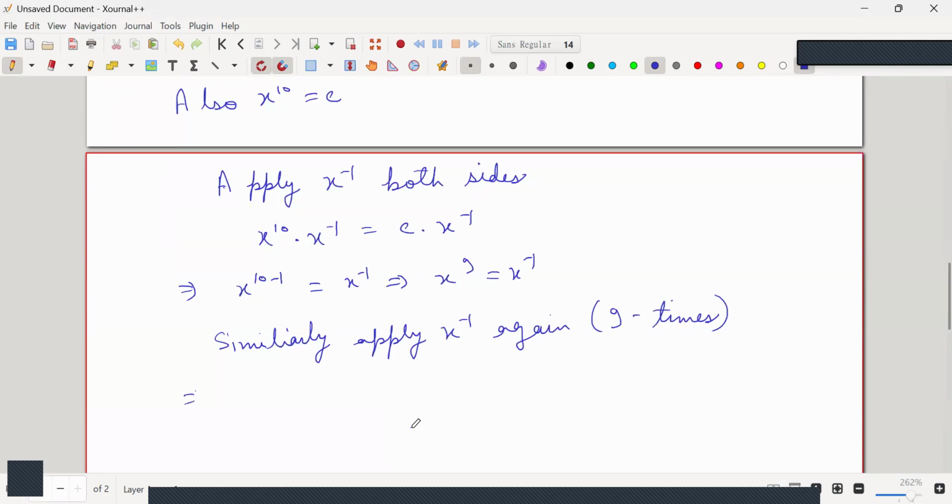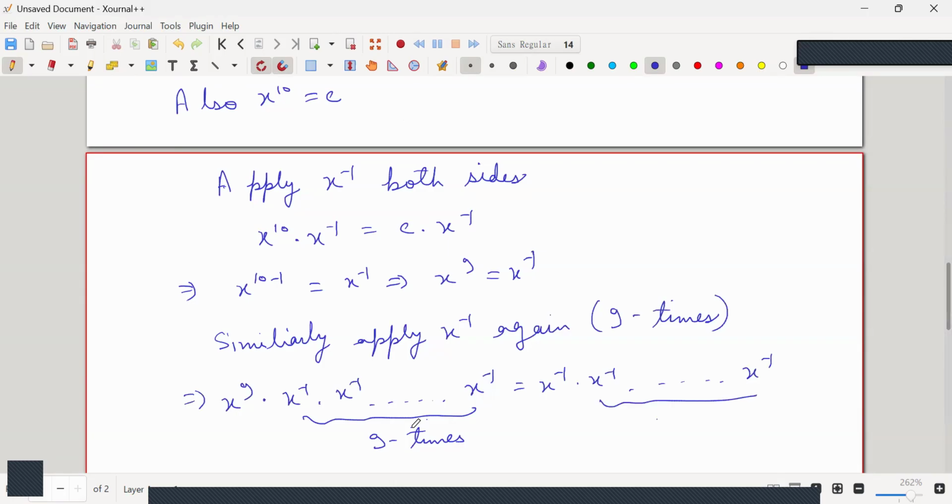You will get x^9 times x inverse dot dot dot x inverse, and here you have x inverse and x inverse, right?